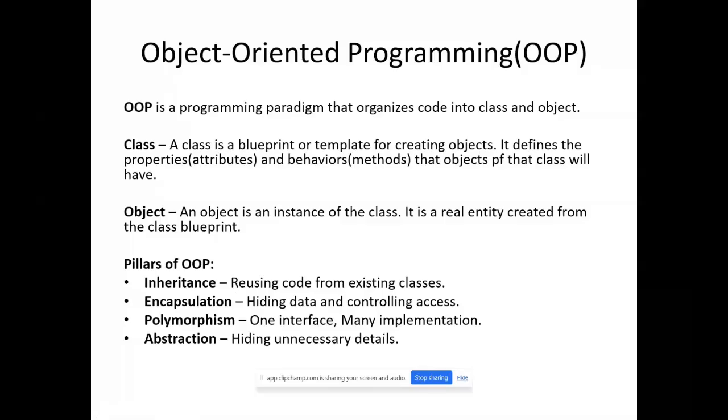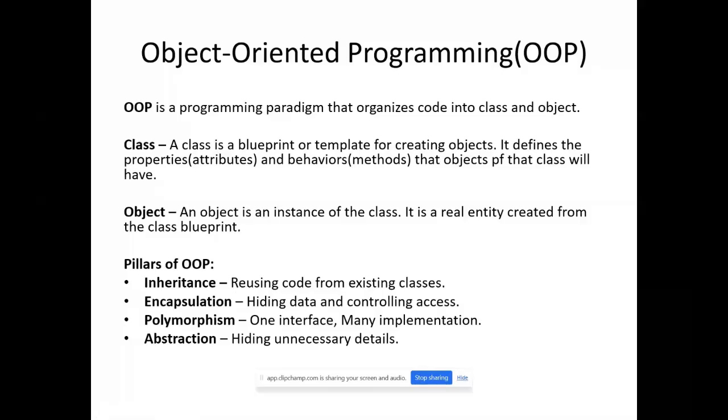In that case I need not write all the behaviors that the existing class has. I can reuse the existing behavior of the existing class, and I can extend the new class with extra behavior which the existing class doesn't have. So inheritance is reusing code from existing classes.